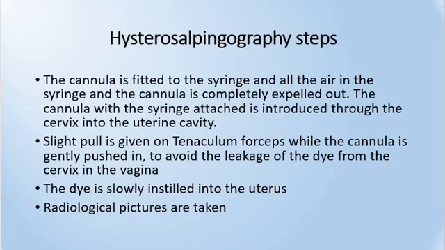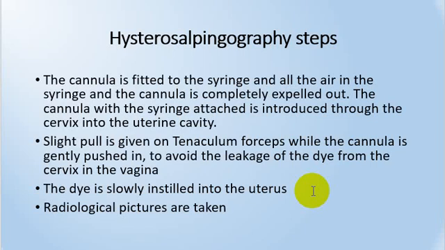Steps of the procedure. After the dye is filled in the syringe, the cannula is fitted to that syringe, and all the air in the syringe and the cannula is completely expelled. The cannula with the syringe is introduced through the cervix into the uterine cavity.